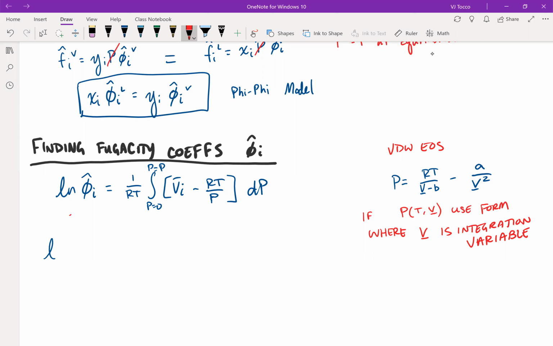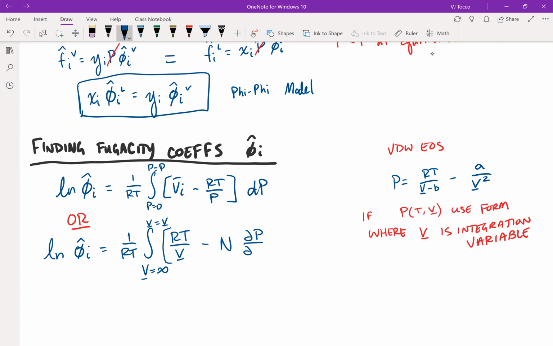So this is an equivalent form: ln phi_i is equal to 1 over RT times the integral from V equals infinity to V equals V of the bracket, RT over molar volume, minus N times the partial derivative of pressure with respect to the number of moles of species i at constant T, V, and N_j, where j is not equal to i. I'm running out of room. I'm going to erase this.